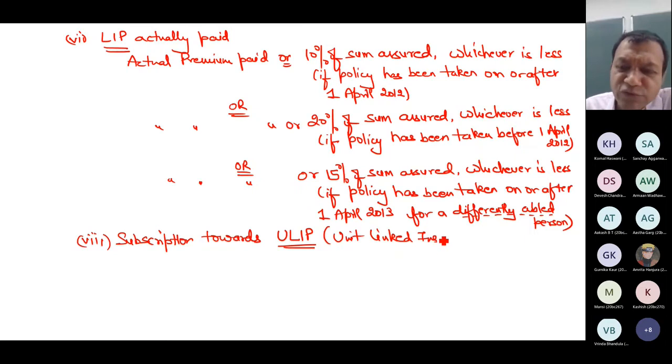Anyone who has an idea of the share market? Yes, tell me. Sir, this is an insurance policy whose sum assured is linked to the performance of the share markets. Whenever an unfortunate event occurs, whatever was the investment in the share market, my family will get that sum.